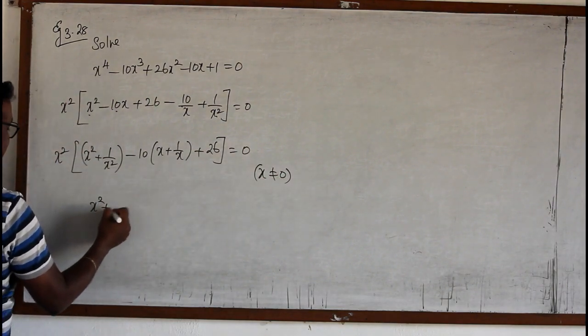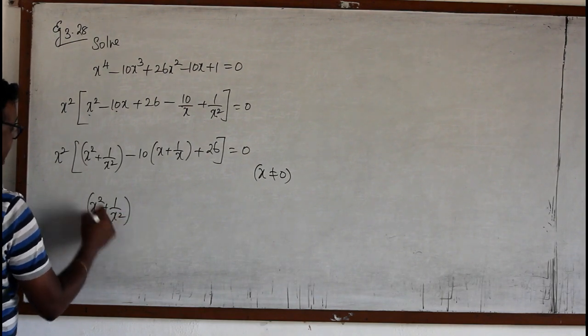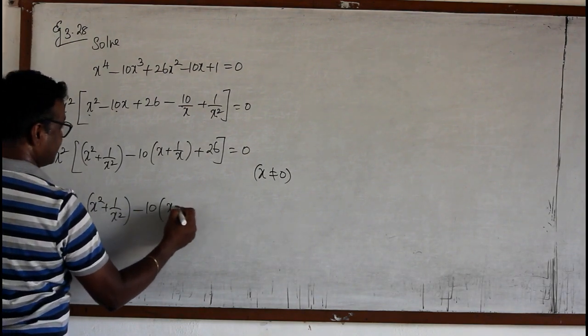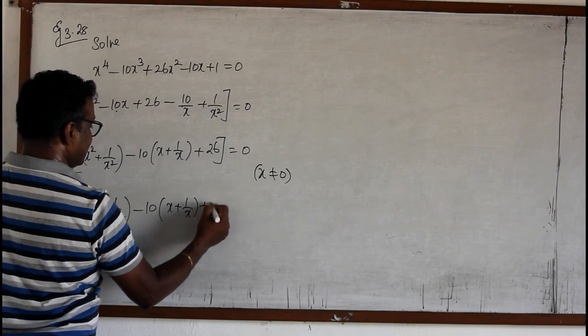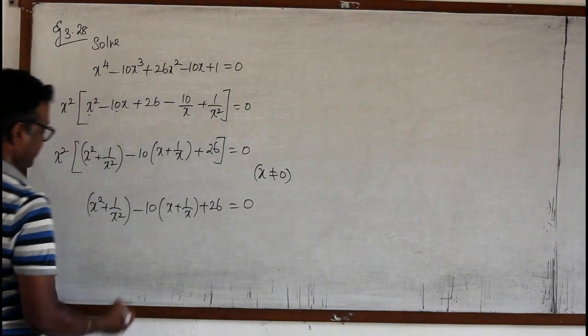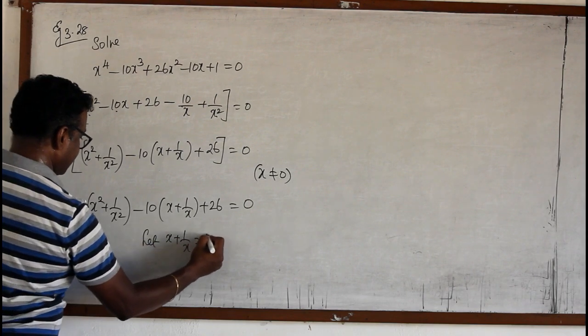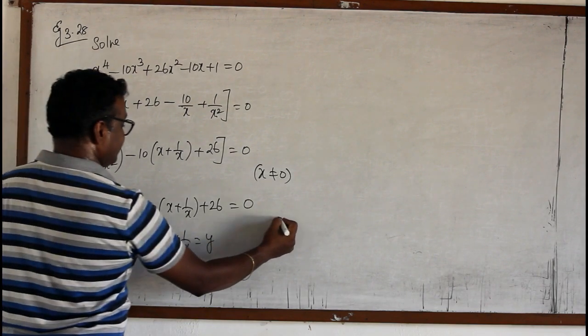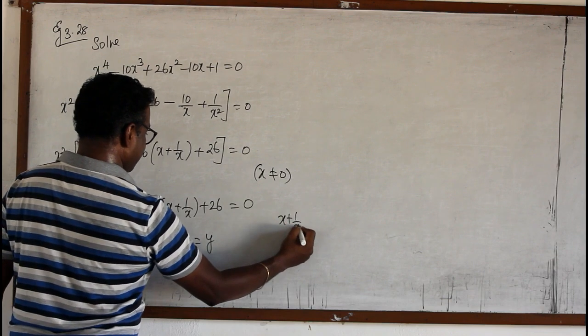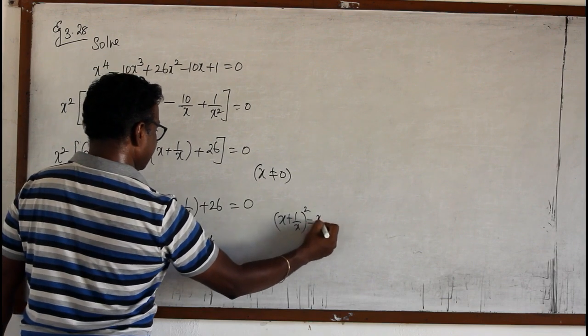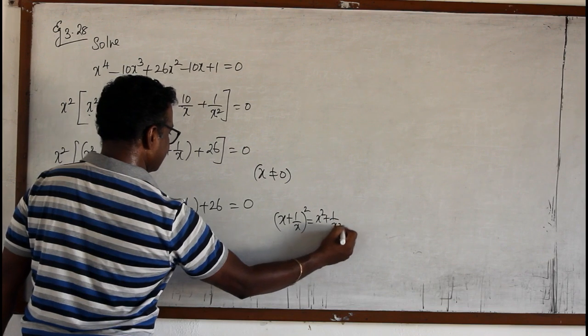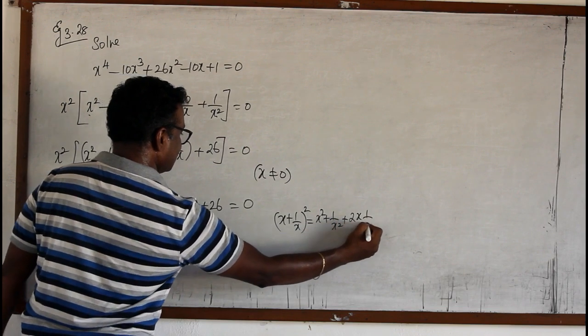Therefore I have x square plus 1 by x square, minus 10 into x plus 1 by x, plus 26 equal to 0. Let me take this x plus 1 by x as some other y. Now, we know x plus 1 by x, the whole square is x square plus 1 by x square plus 2 into x into 1 by x.